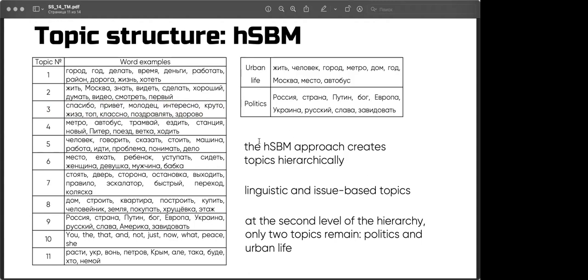If we take one step further, the algorithm says that the most optimal way of speaking about this data set would be to define it as being comprised of just 2 parts. On the one hand, it is urban life, words that have to do with the city and living in the city, and on the other hand, there is politics. So pretty much that same politicized topic.